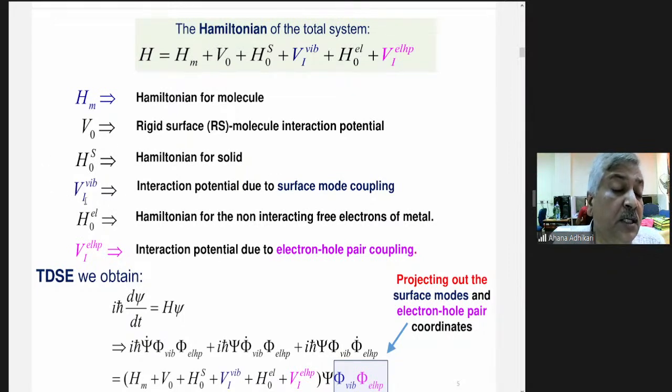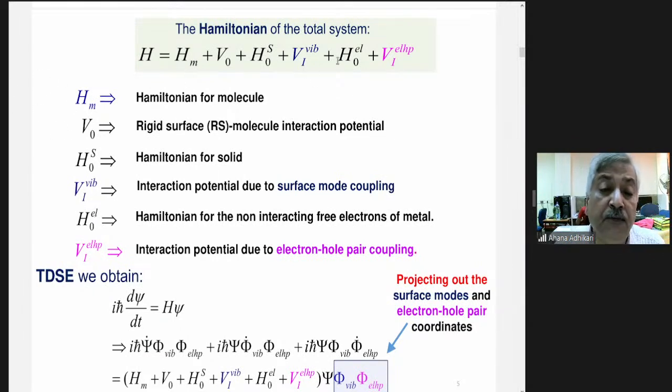So this is the coupling you consider between the molecule and the surface, when surface atoms are allowed to vibrate around their equilibrium position. And the next two are because of the electron hole pair zeroth order Hamiltonian, and the interaction between free electrons on the surface and the molecule, and that is VIELPH. These two terms I will be dropping for our present lecture.